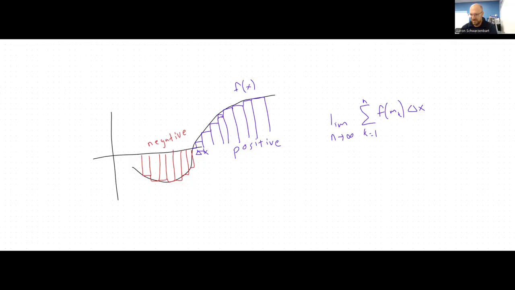And the notation for this, so this is a definite integral of f of x dx, and we can put boundaries on this. So the boundaries would be a to b. B is the end point.